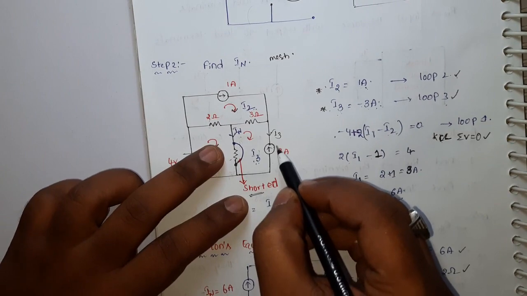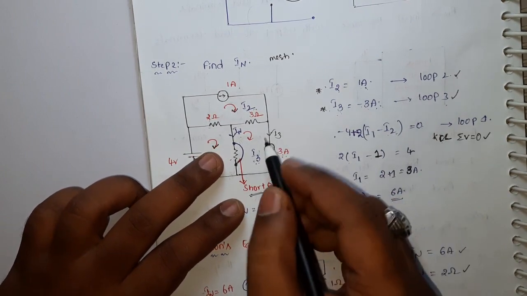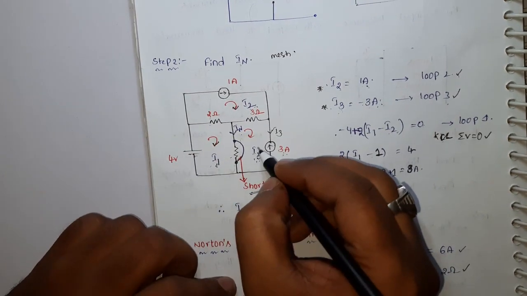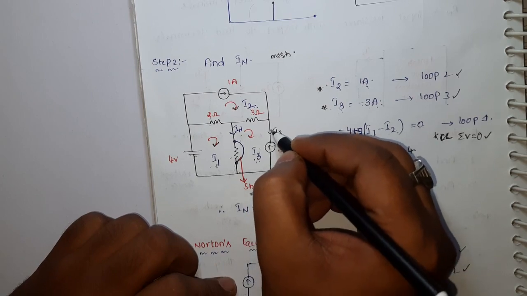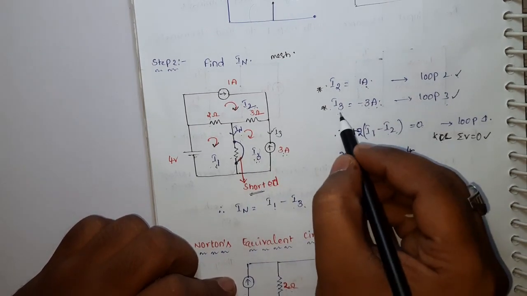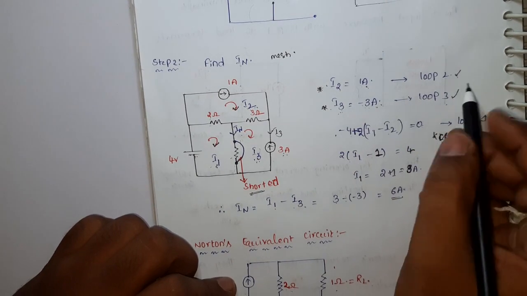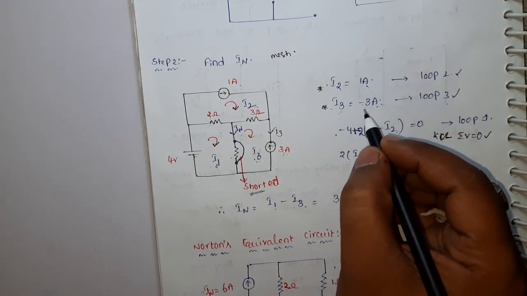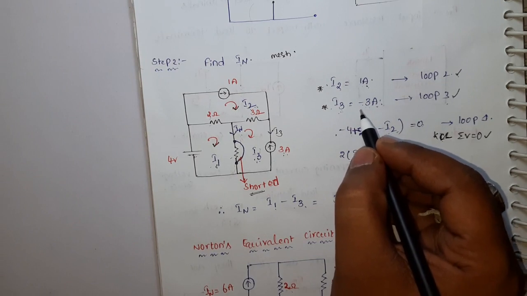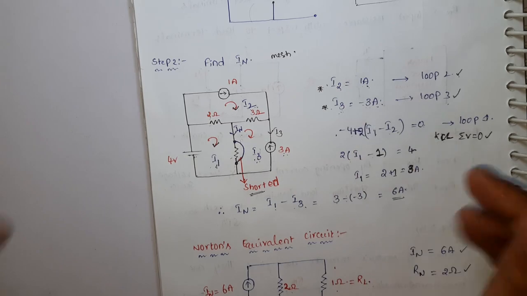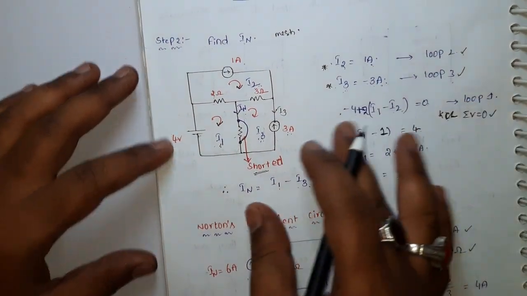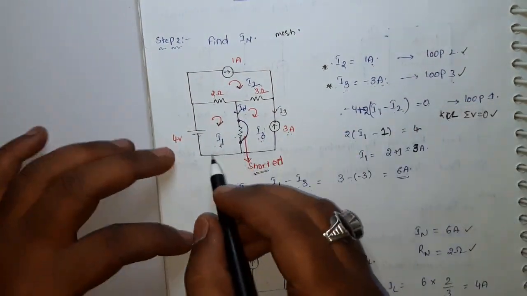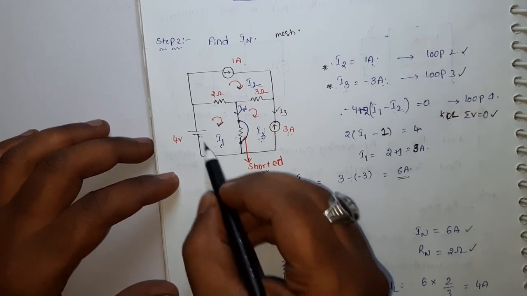And the loop current I3 flowing in the opposite direction is I3 equal to minus 3 ampere, which we got from loop 3. Here the negative sign indicates opposite direction. It is not a negative current, it is in the opposite direction to what we have assumed. So to find IN, we will use loop 1.